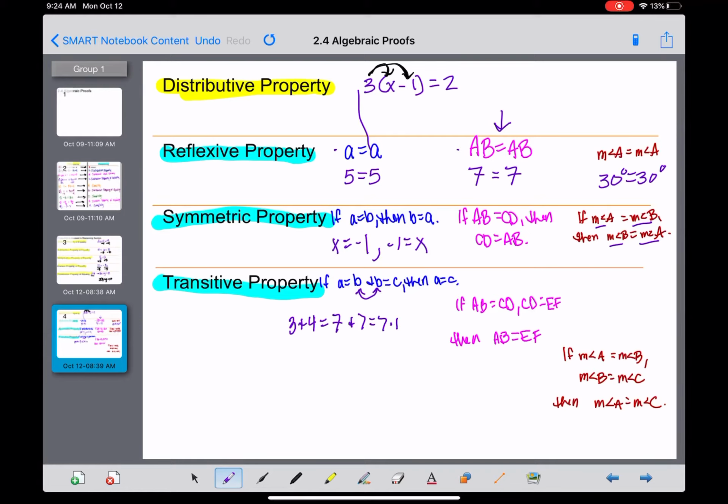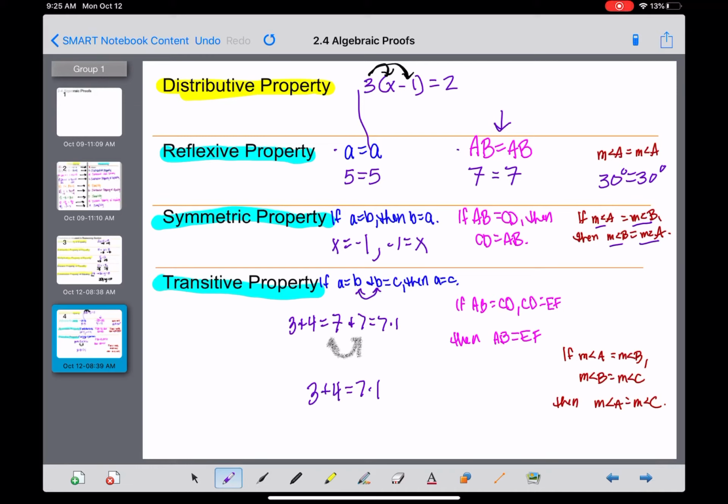Since they are both equal to 7, I can conclude that 3 plus 4 is equal to 7 times 1, because they're both equal to 7. Same conclusion can be drawn for segment lengths.